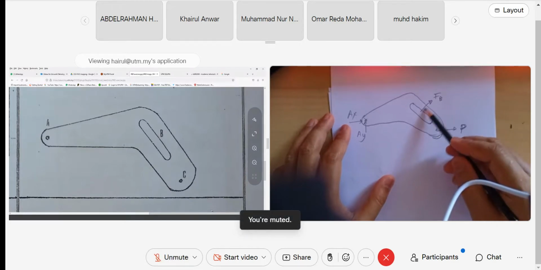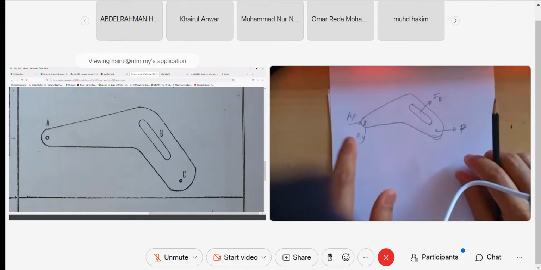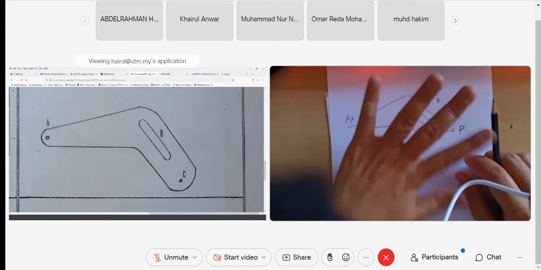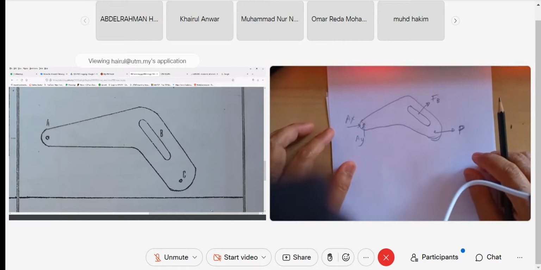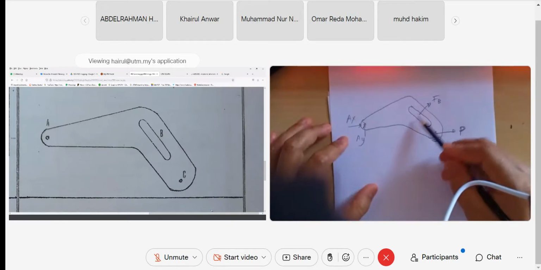So we have a component. Okay, if you make the direction downward, it's okay, no problem. The main important thing is the number. This is what we call the free body diagram. Understand that, class? Okay, if the direction is wrong, never mind.